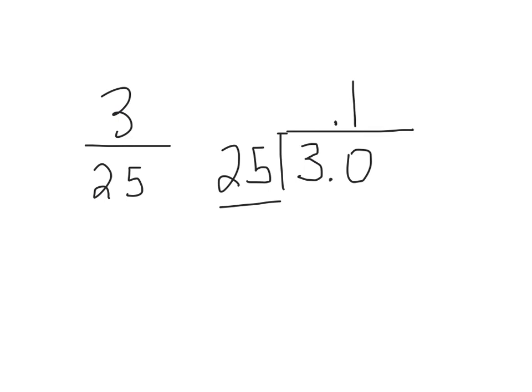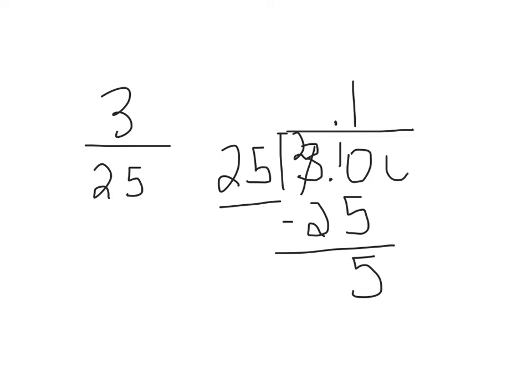I can only make one group, and then I divide, multiply, 1 times 25, subtract, and bring down. There's nothing there, but remember I can add zeros until I'm all done. So I bring my 0 down.